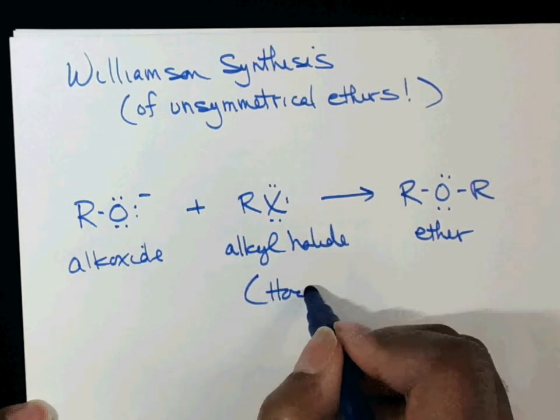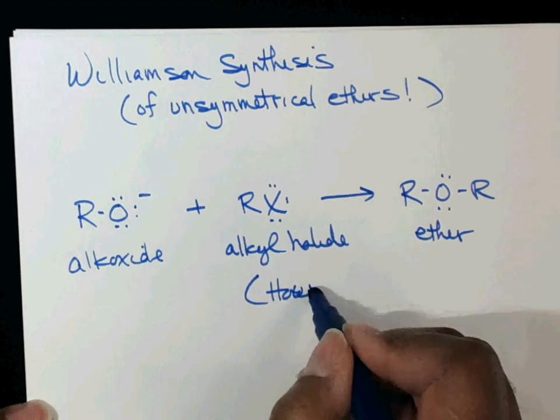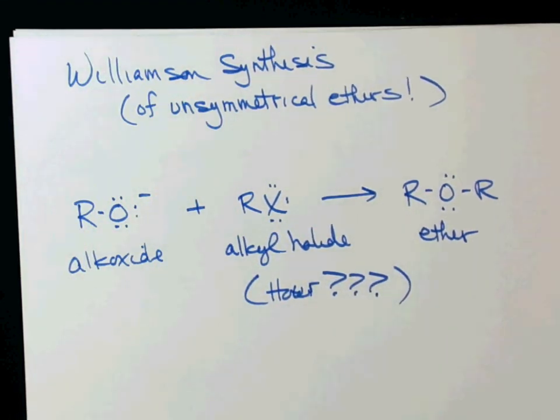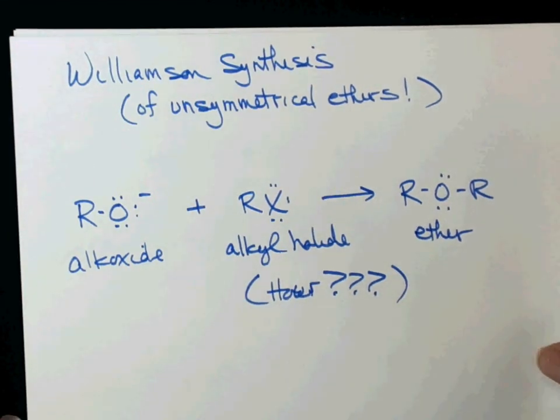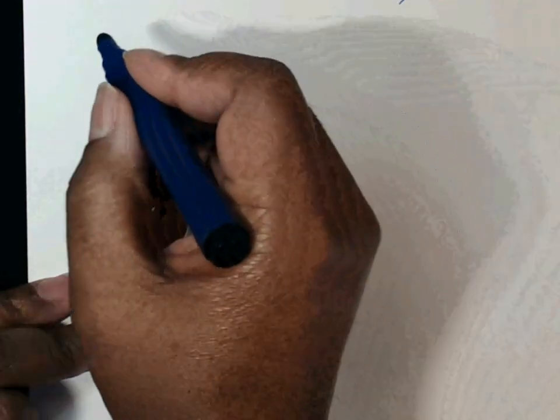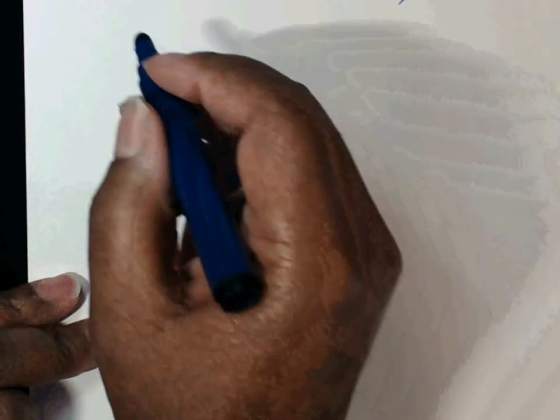So again, I guess the obvious question is, how? So let's talk a little bit about the mechanism. So first I got to start with an alkoxide. Do we all remember how to make an alkoxide?